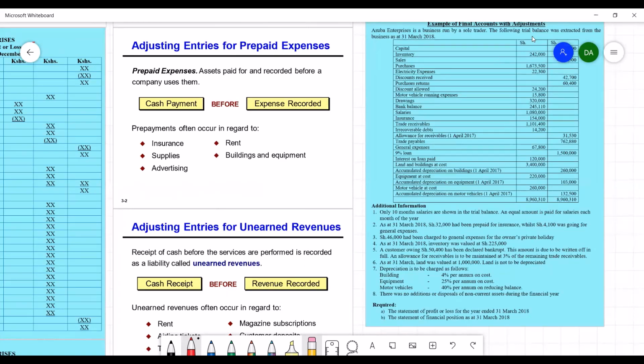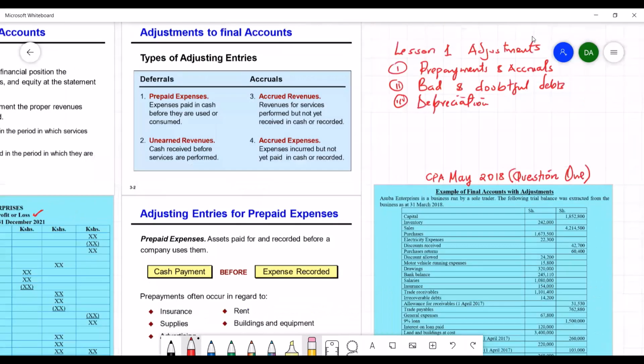So after each adjustment, we shall be looking at the relevant adjusting information in this question, so that we develop workings for each additional information. That will form lesson 1 of the adjustments to final accounts.